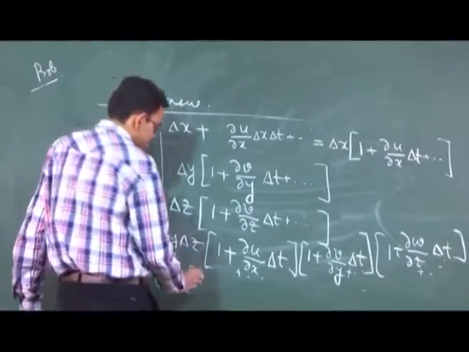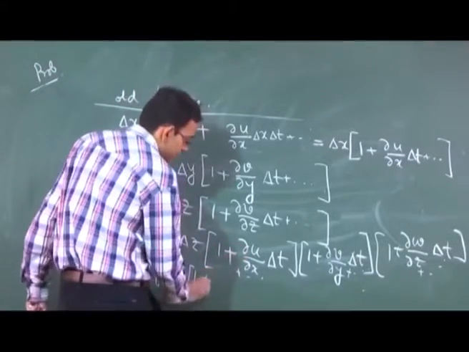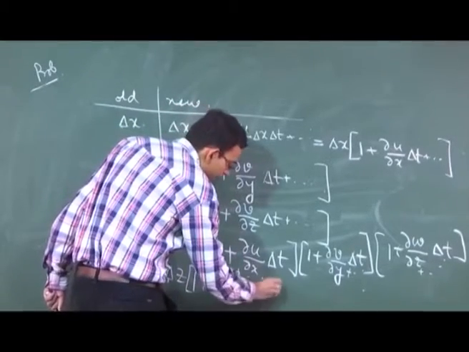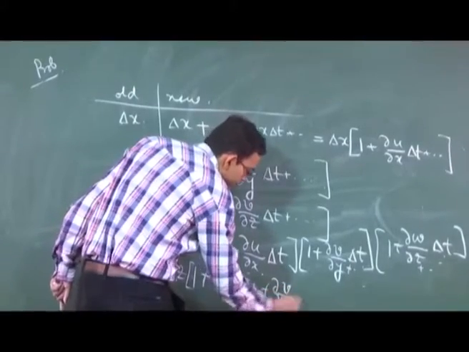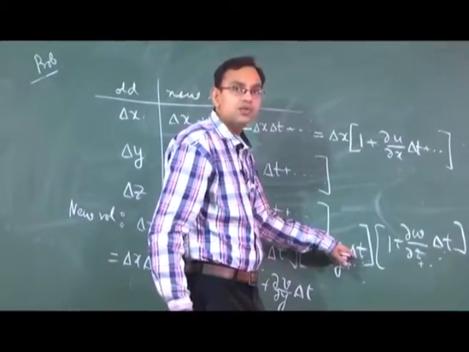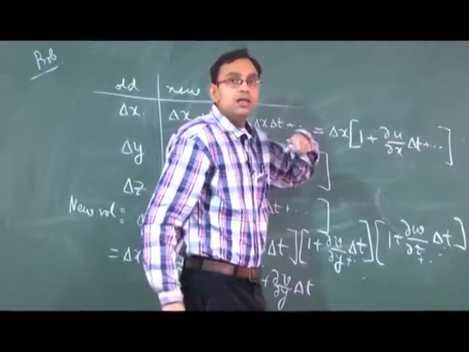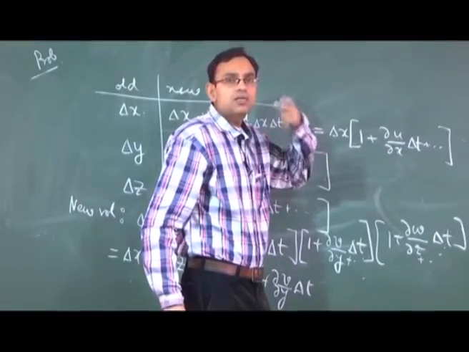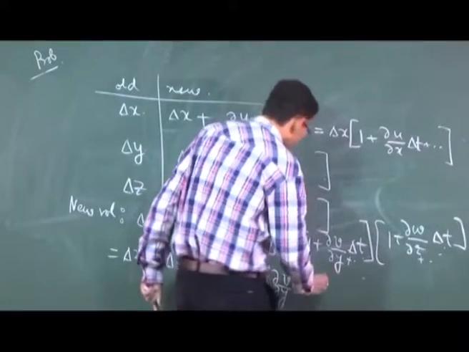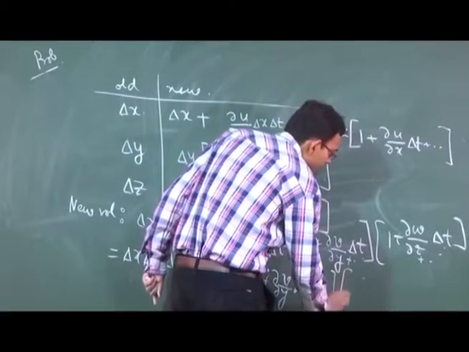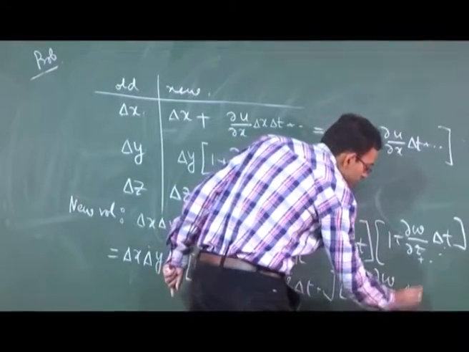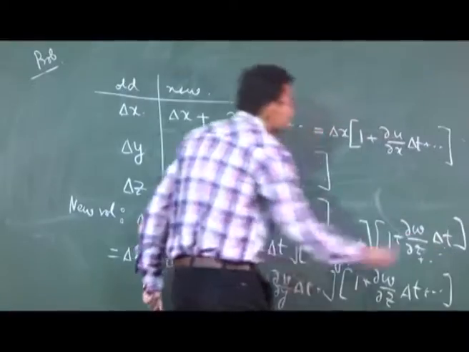So, 1 plus del u del x delta t plus del v del y delta t plus the fourth term will be of delta t square order, that is a higher order term because delta t square is supposed to be much smaller than delta t. So, we neglect that and we multiply that with 1 plus del w del z into delta t, the remaining term.